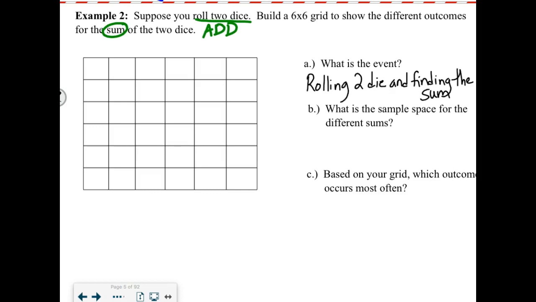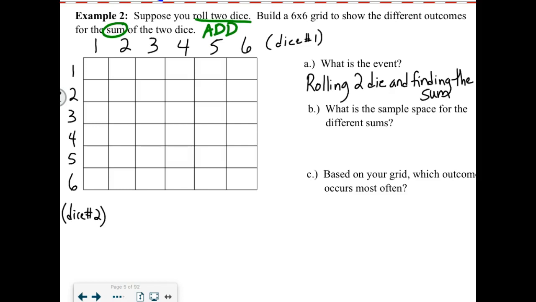Alright. So, going across the top, this is dice number 1 result. And going vertically down the side, this is dice number 2 result. And what do I want to find?